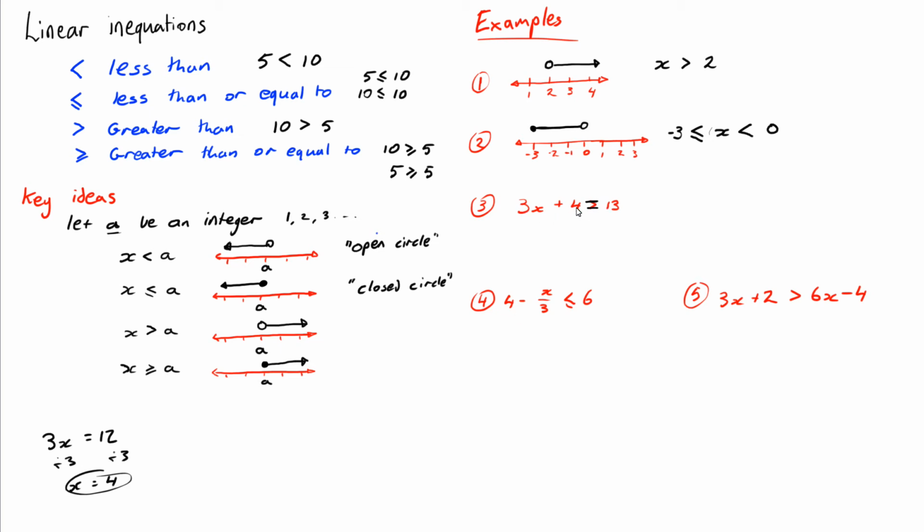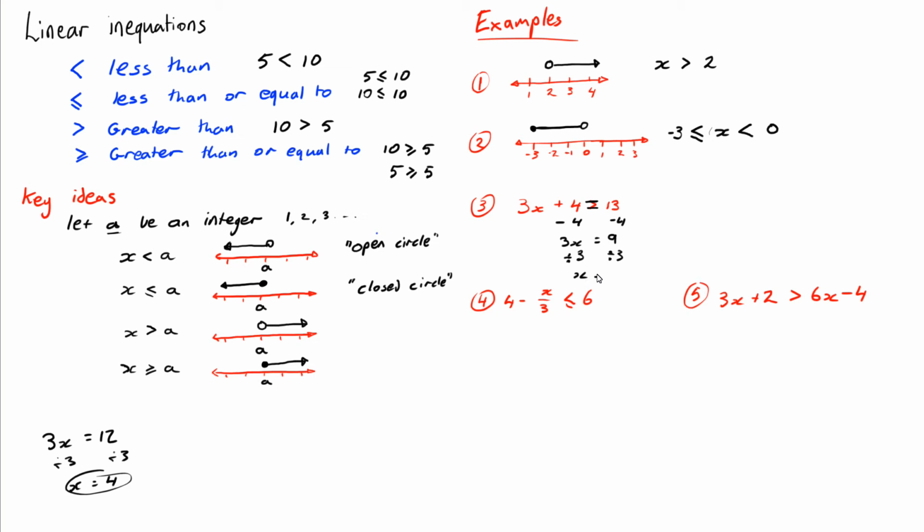And just like before in our previous sections, we're going to do some backtracking. So 3 and x. So I multiply by 3, add 4. So going backwards, I subtract 4 first. So I get 3x equal to 13 minus 4, which is 9. And then I need to divide by 3 to get rid of that 3.